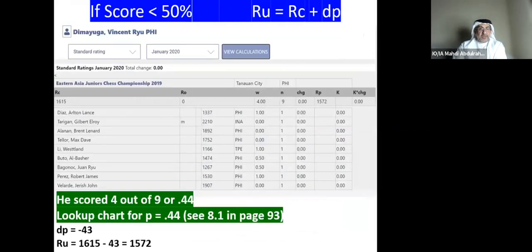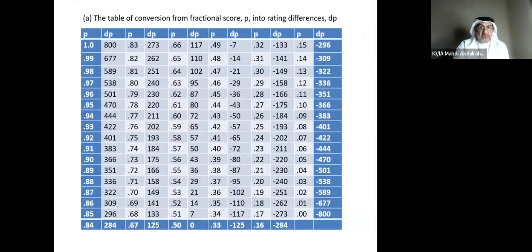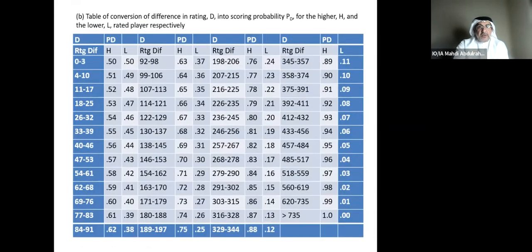So this is the example. A player scores 50%, or less than 50%. This is for normal calculation. For this table, the table of conversion of difference in rating, D means difference in rating.